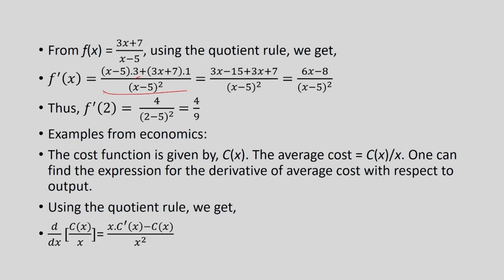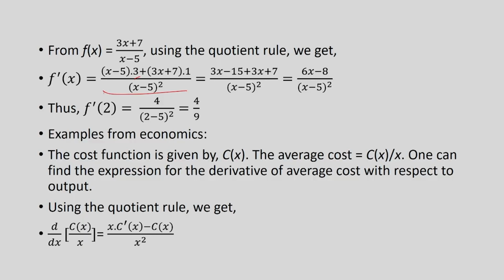Then we simplify this, it becomes 3x minus 15 minus 3x minus 7, and that turns out to be 6x minus 8. And obviously, this is going to be divided by (x minus 5) whole square.